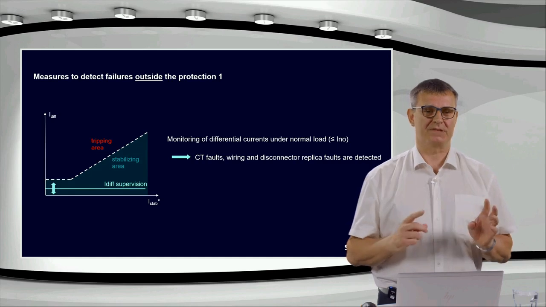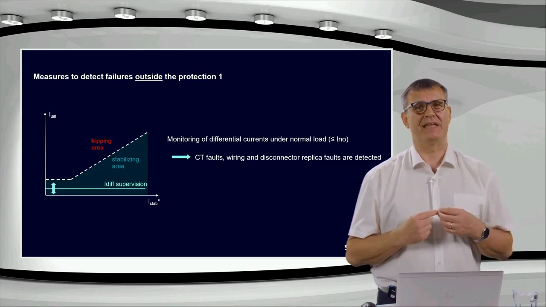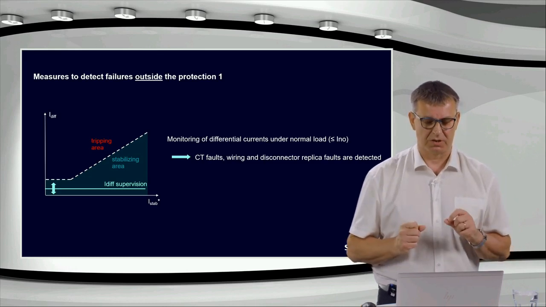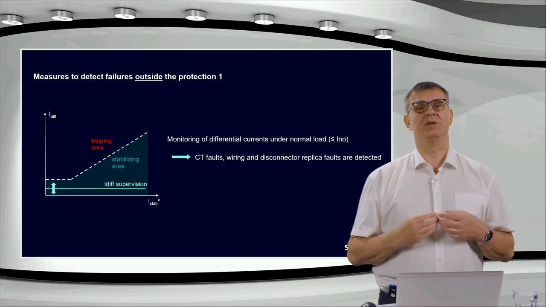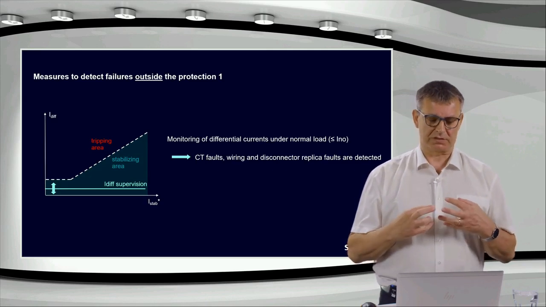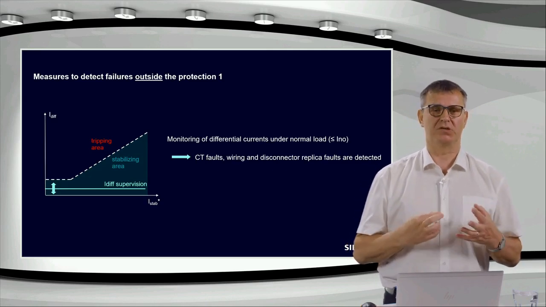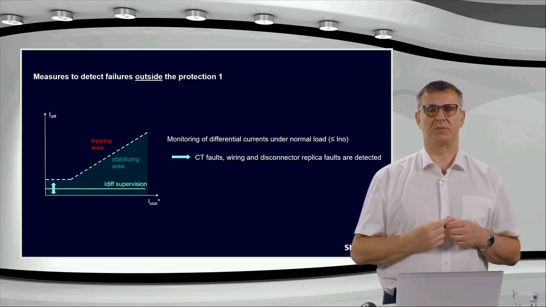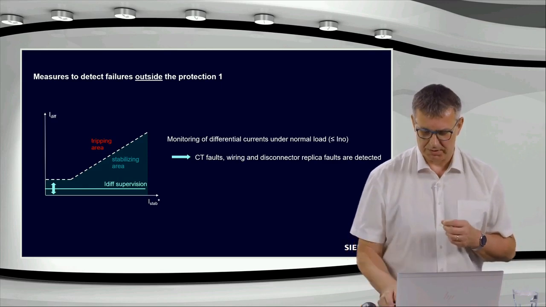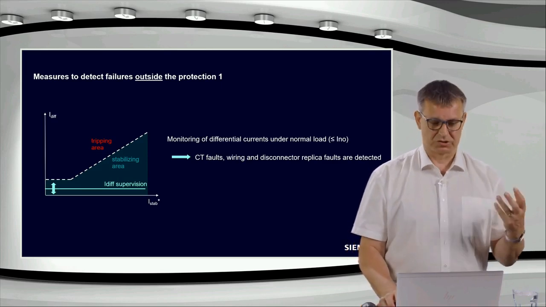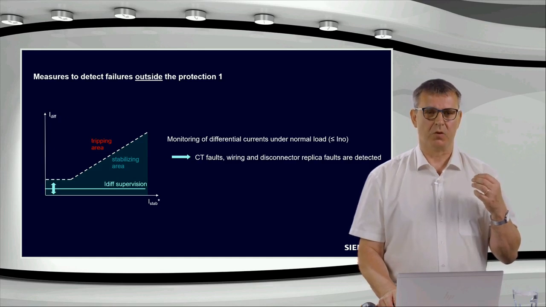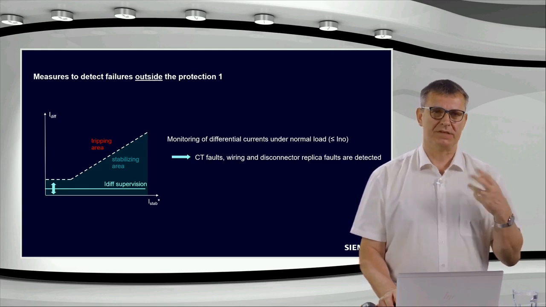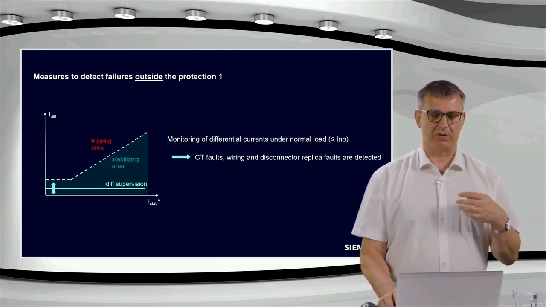I hope you remember this was what I explained in the second tutorial, the most important settings for the busbar differential protection. With these settings, it will be possible to detect CT faults, to detect wiring problems with the CTs, and you can also detect problems in the disconnector replica. Just a short repetition. If you want a deeper recap, simply watch the video of our second tutorial.